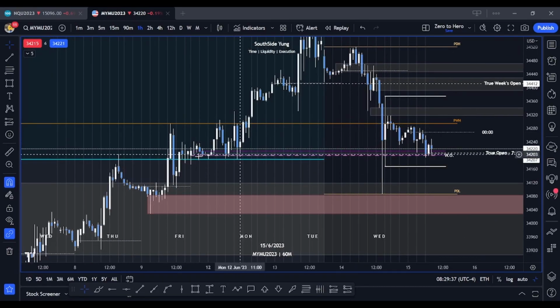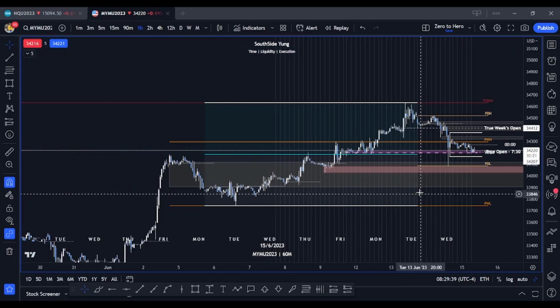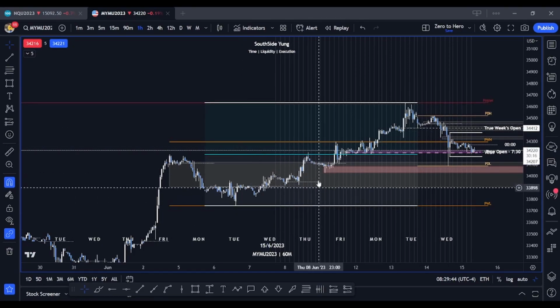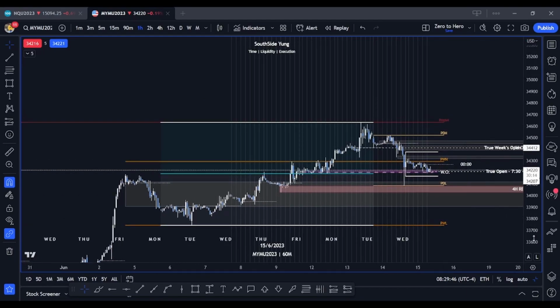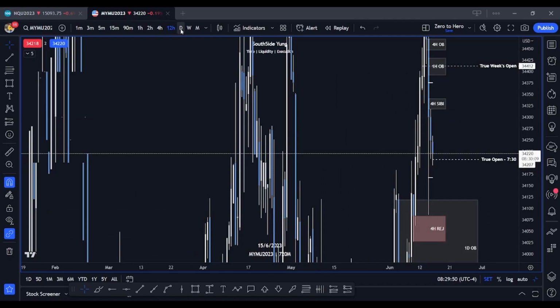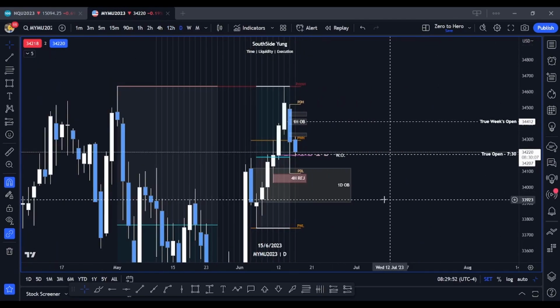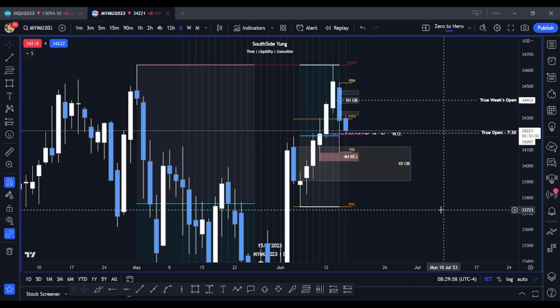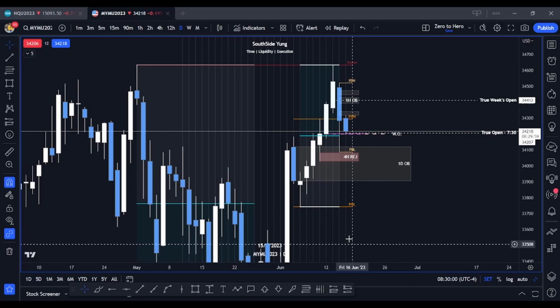If we take a look at something like this, I have my higher time frame dealing range marked out. This is going to be your discount, this is going to be your premium. Then you take a look at the daily. Think about where we're at on the daily. We've had six days in a row that are just green, printing bullish.